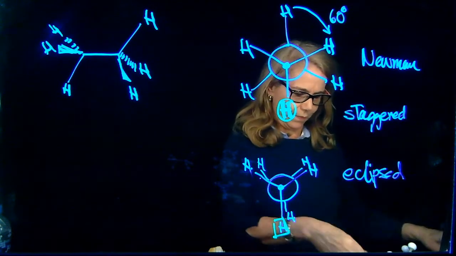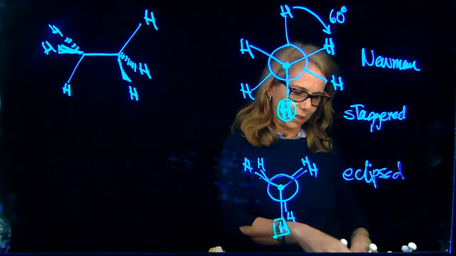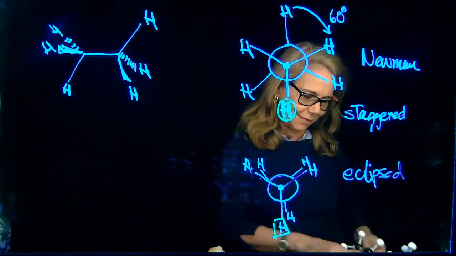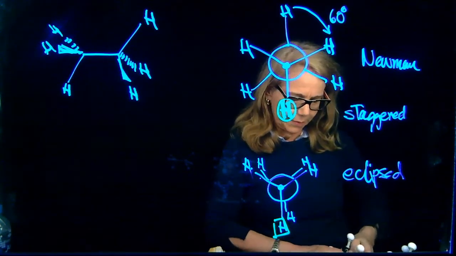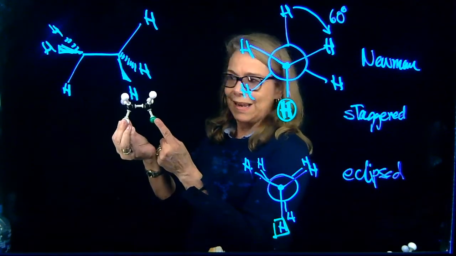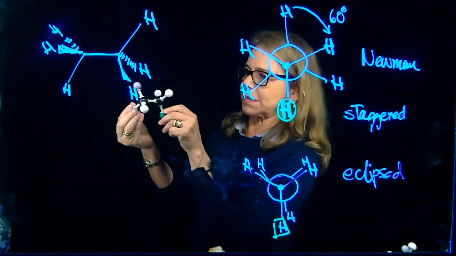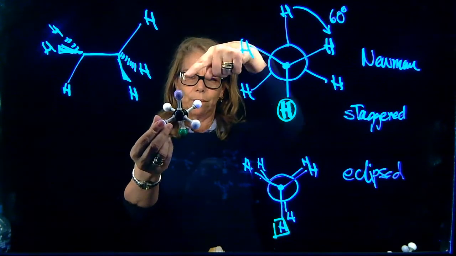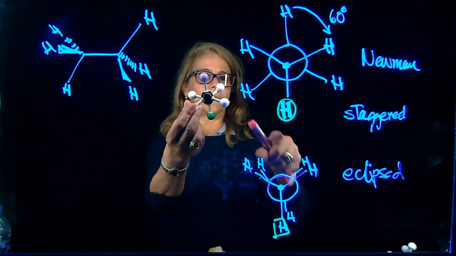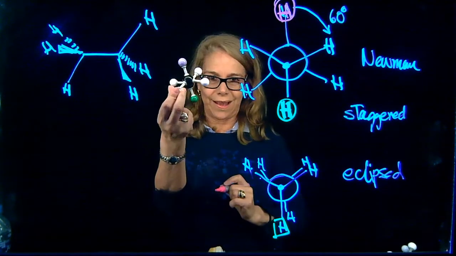To make another definition, that definition is the angle between constituents on different carbons. Here I have the green, and here I have a purple, right there. Notice they're opposite to each other. I just tinted that purple.